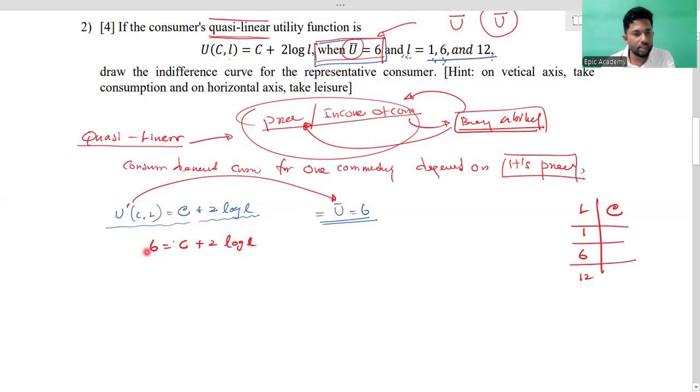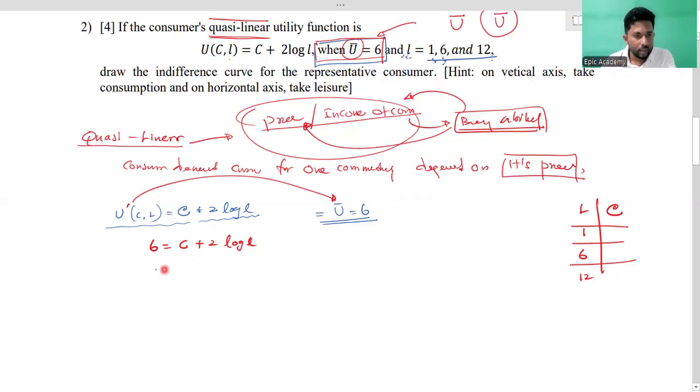So then the equation is there: 6 equals C plus that term. So you have to find the value for C. Then you have to take the C value separately, then you can calculate it.